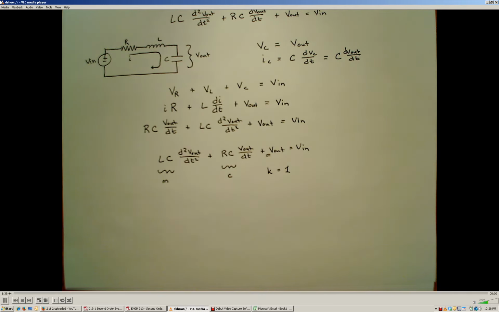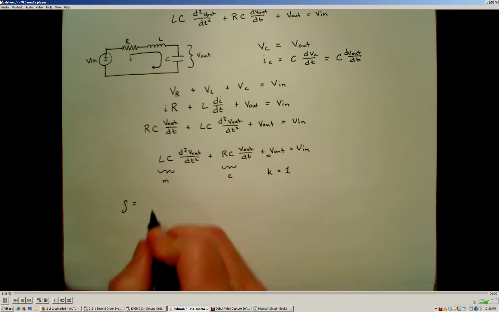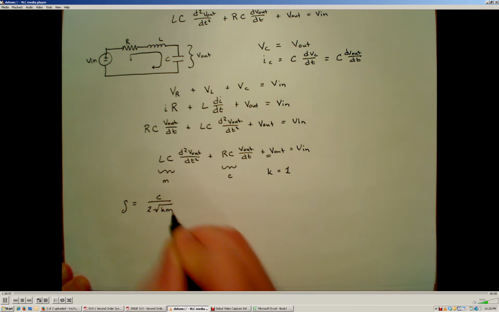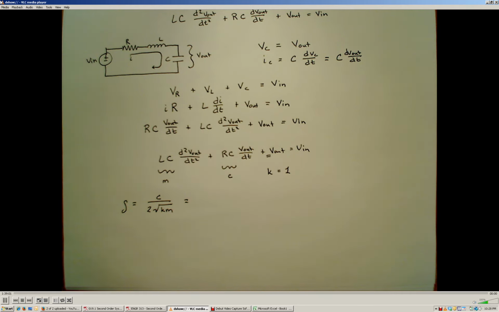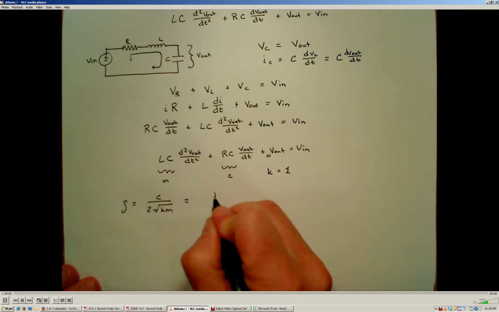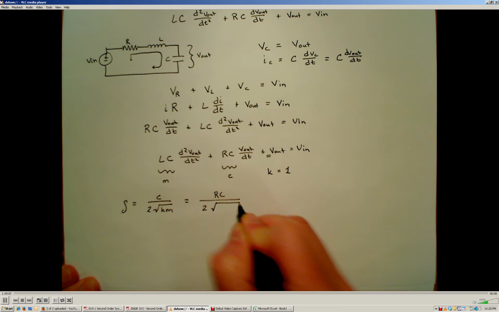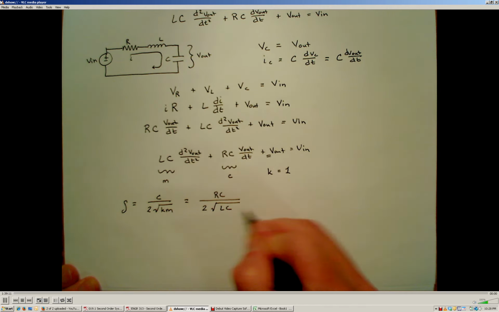Using our general second order variables, we can now calculate the damping ratio. The damping ratio is given by C over 2 times the square root of K times M, which in this case is RC divided by 2 times the square root of K, which is 1, times M, which is LC.